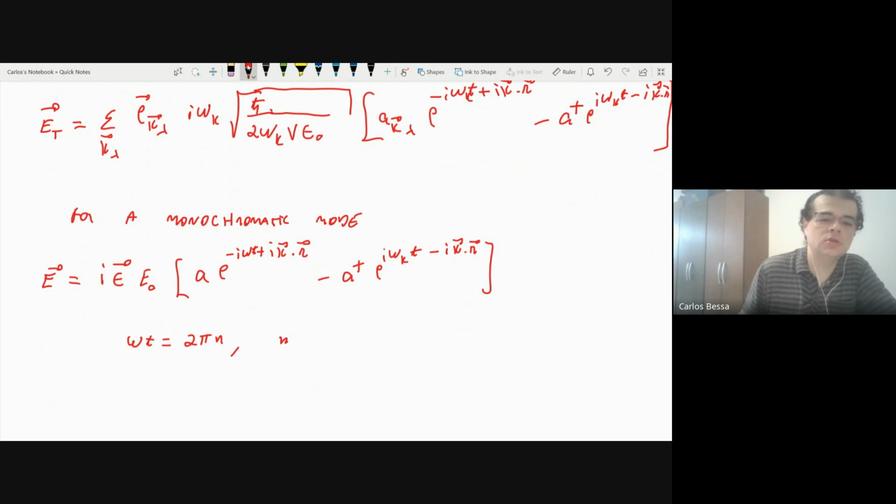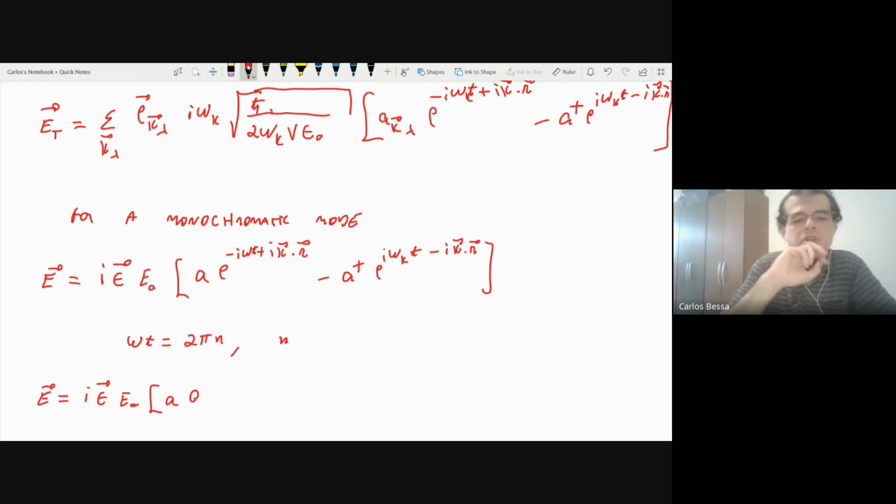So you write this as i epsilon E0 a exponential, where it is not time dependent, so it could be considered like the initial case, t equal to 0, or multiples of 2 pi.